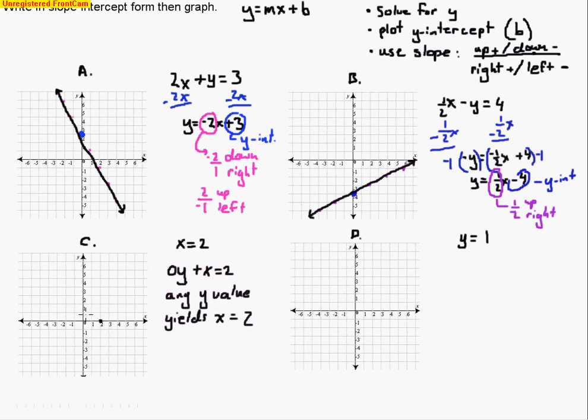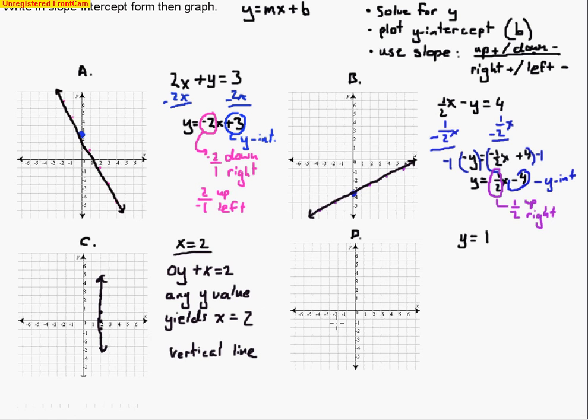If I go up 1, I still have an x value of 2. So no matter what, x is always going to equal 2. So whenever it's just x equals a number, it's going to end up making a vertical line.